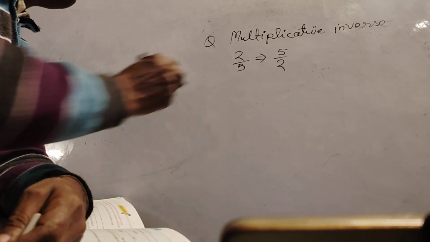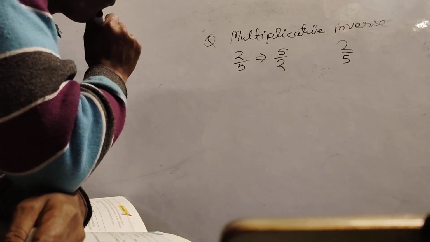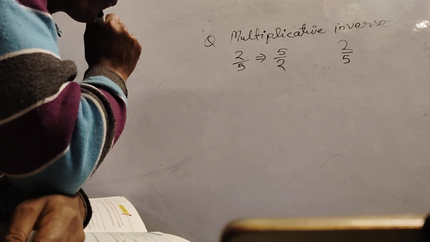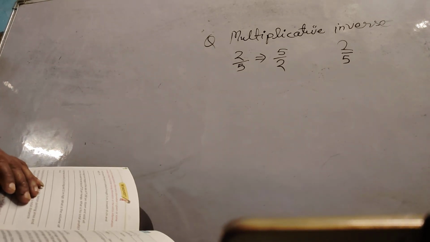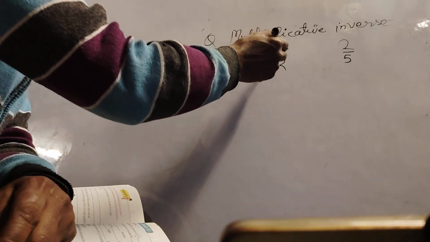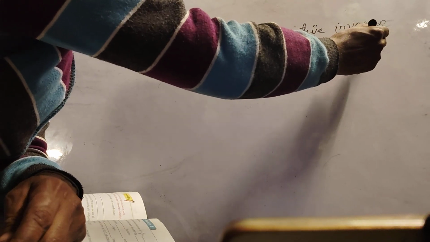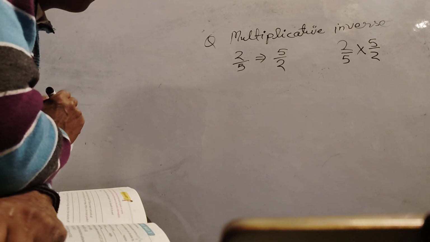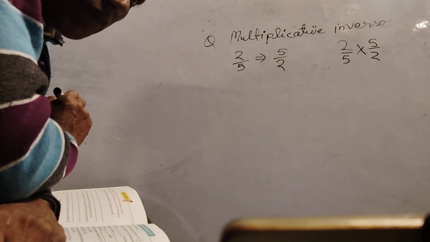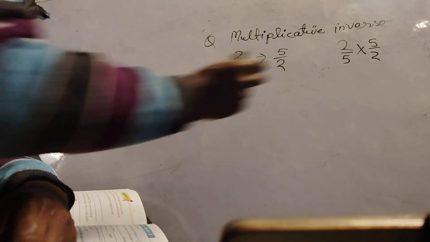So what is the meaning of multiplicative inverse? Is it basically just flipping the fraction over? Yes. The multiplicative inverse is just the denominator and numerator changed, and when we multiply this multiplicative inverse with the fraction, we get the final answer 1, because the 5s and the 2s cancel.